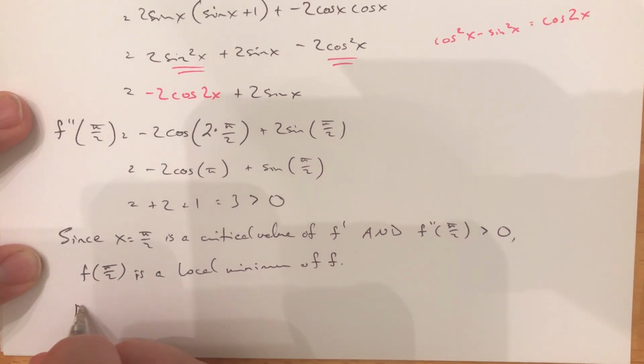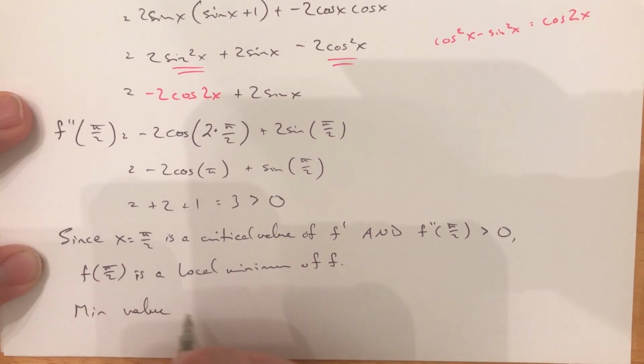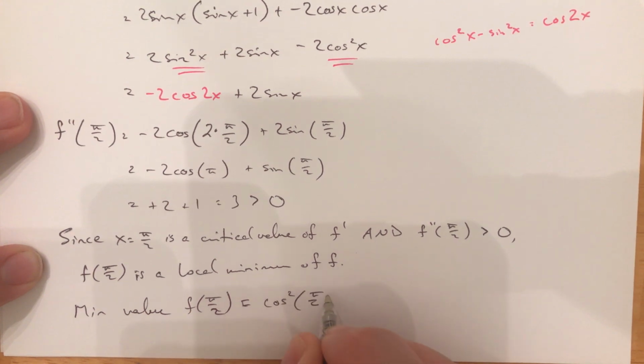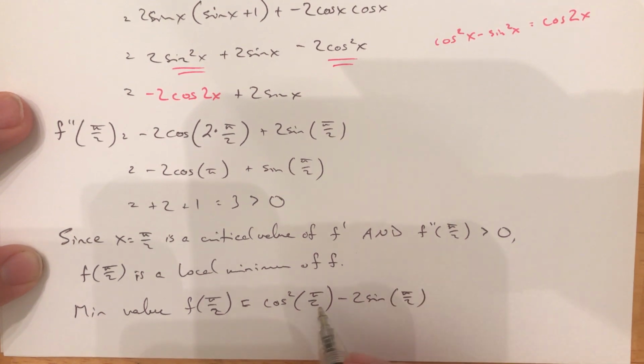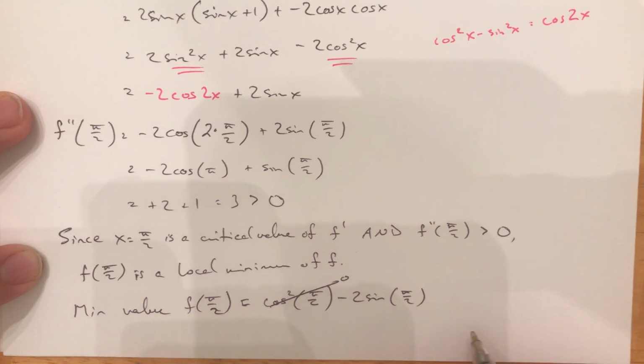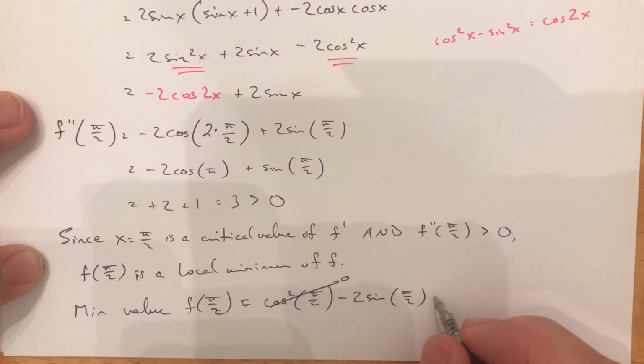And our minimum value, f of pi over 2, is cosine squared of pi over 2 minus 2 sine of pi over 2. Well, cosine of pi over 2 is 0. We square that, we get 0. Sine of pi over 2 is still 1, so this makes negative 2.